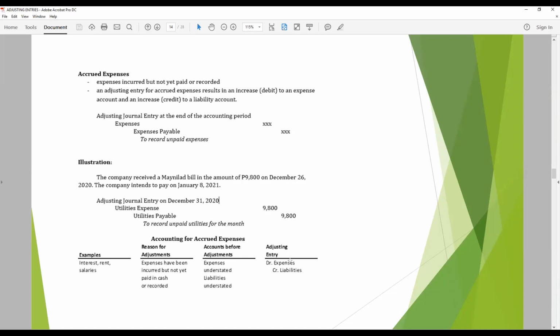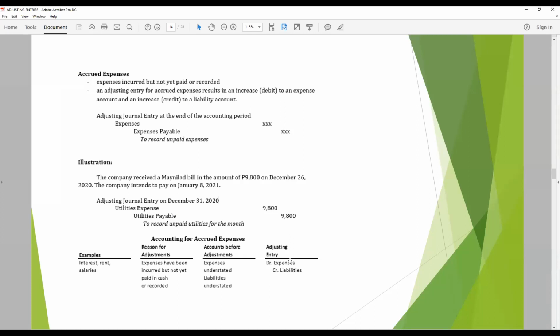So, since December 26 nyo na na-receive yung bill, holidays na yon, di na kayo nagpa-process ng any payments. So, nabayaran nyo siya January 8 lang. Pero as of December 31, expense pa siya for that period, for that particular year. So, i-accrue nyo ang expense na yon.